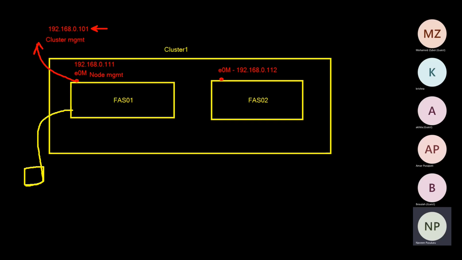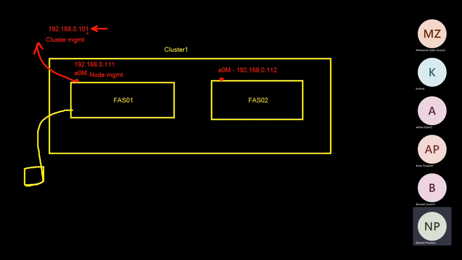But for the second controller, you don't need to configure the cluster management again because you already selected the cluster management port and cluster management IP when adding the first node to the cluster. So every node in a cluster will have its own node management port and node management IP. But all the nodes in a cluster will have only a single cluster management port and cluster management IP.